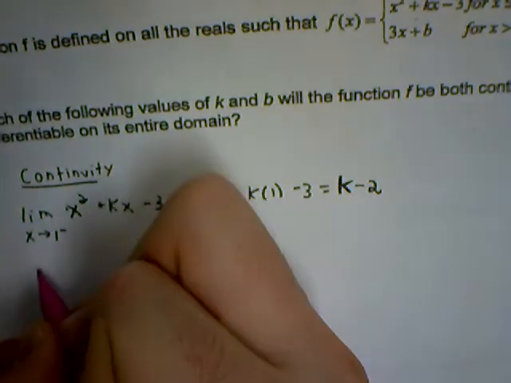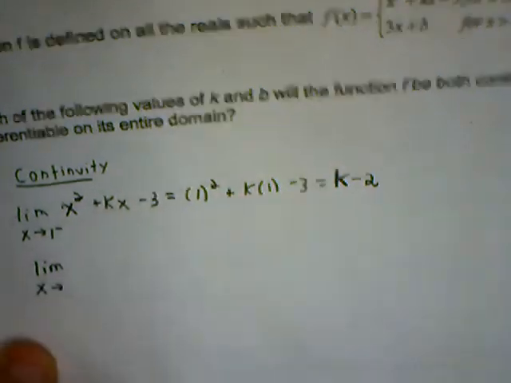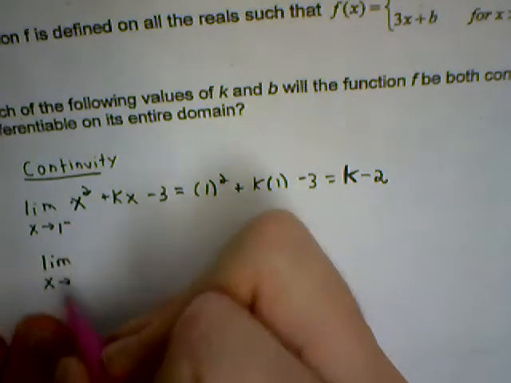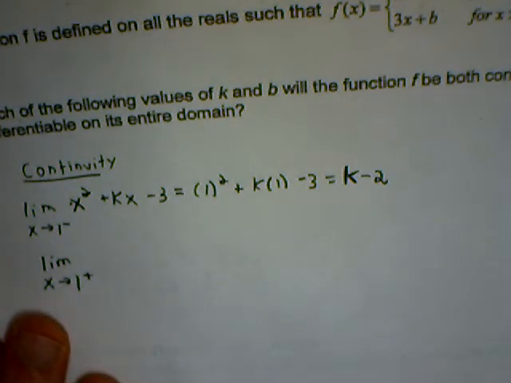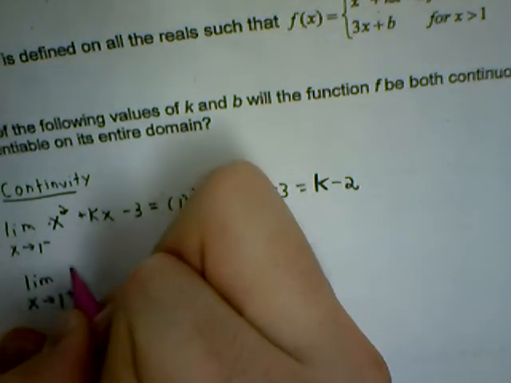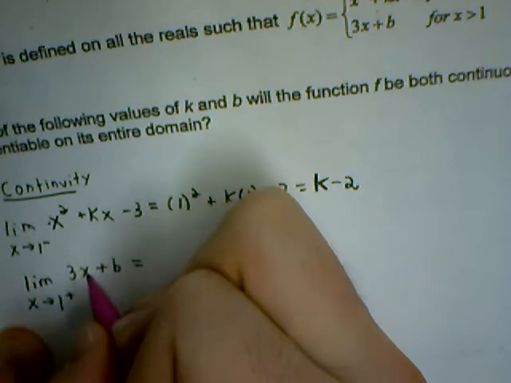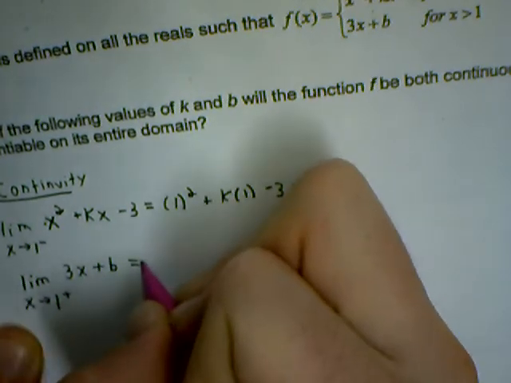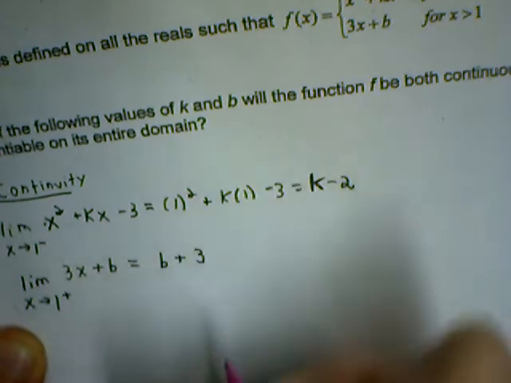Now, let's go ahead and take the limit as x approaches 1 from the right. I'm going to use 3x plus b. Plug in 1. 3 times 1 plus b is b plus 3.